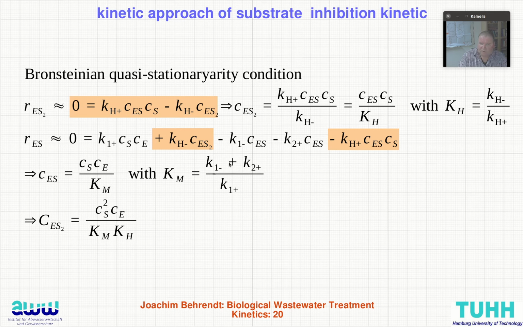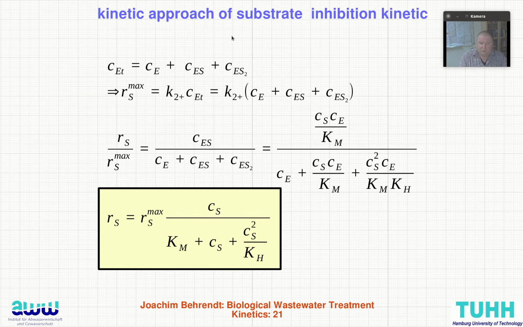Now we only replace this concentration CES with this concentration CES, and then we have another expression for the enzyme-S2 concentration. Now we mix it all together. We have 3 species of enzyme and can formulate the maximum uptake rate in this way.